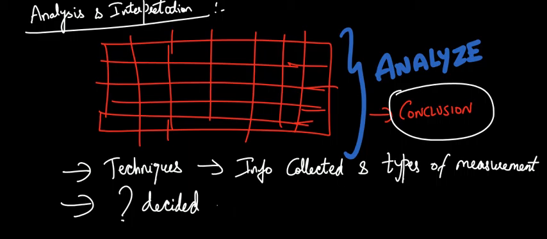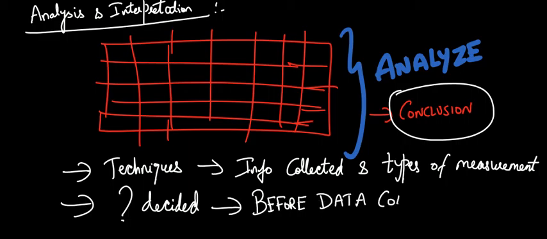It should be decided before data collection. You cannot collect data and then think about how to analyze it. You have to be ready with your analysis process even before you go to the field or collect data through phone, because these analyses are based on data collection.